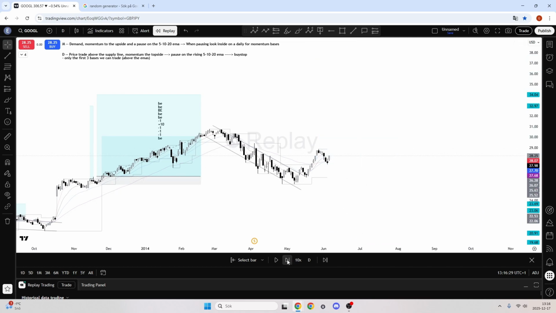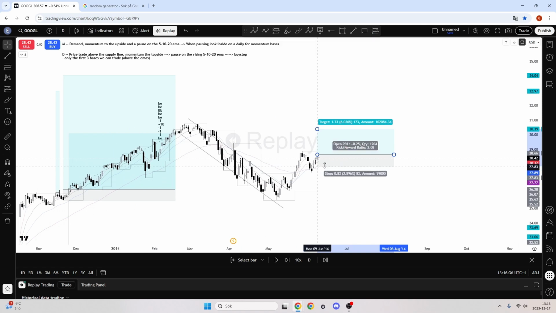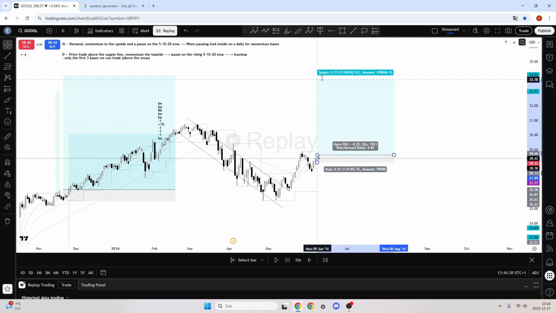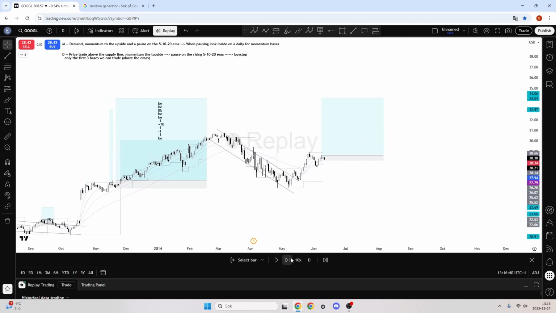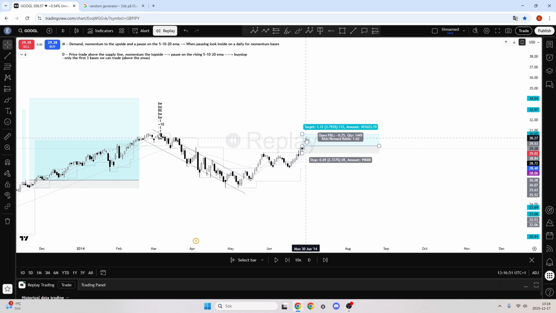Okay, so we're having a deeper flush, so let's wait for price to go a little bit higher up and pause. Alright. So we have a pause right there. Let's wait for a pause, just like that, perfect. Let's throw it under that low right there.